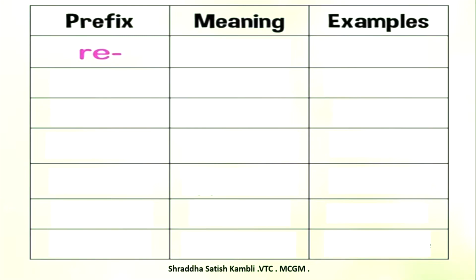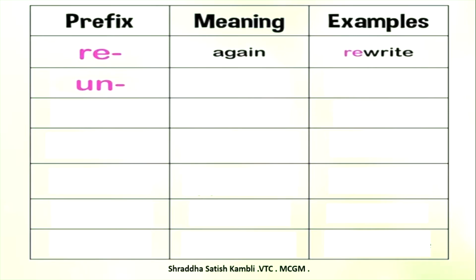Whenever you add re before the root word, the meaning of this re is again. So when I say re, it means doing something again. Let's take an example. Rewrite. See, rewrite means what? Write again. Rewrite.